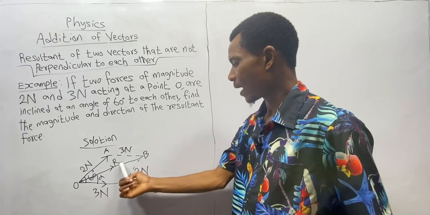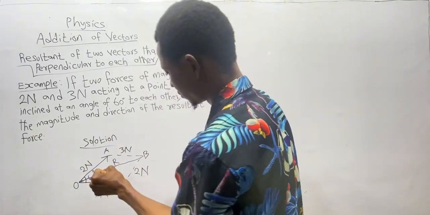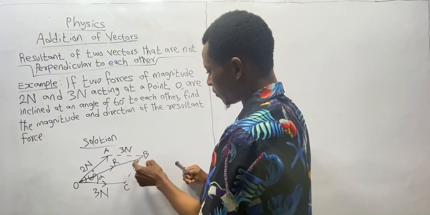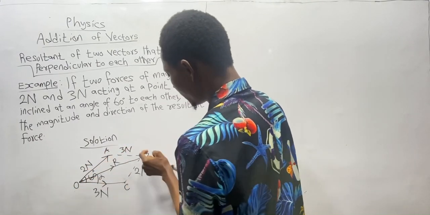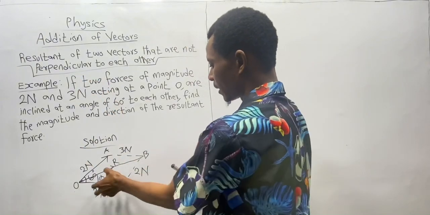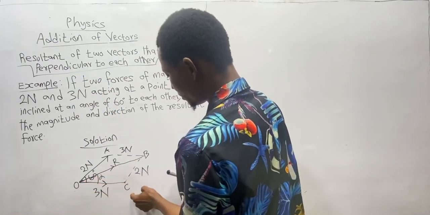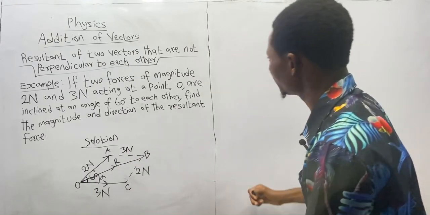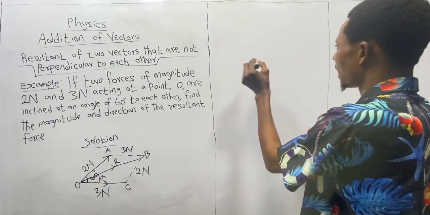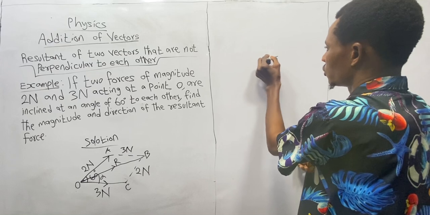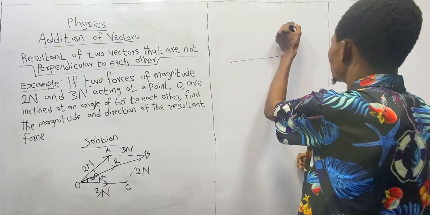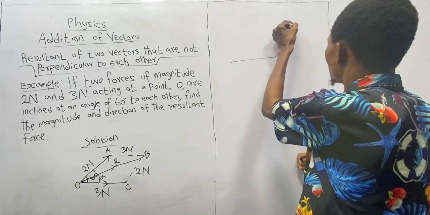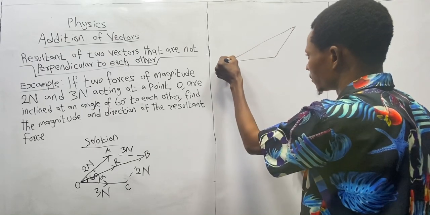Now, for us to find this arrow, you have to detach this triangle OCB from this parallelogram OABC. So let's bring out this triangle OCB. In bringing out the triangle, we have something like this: the horizontal line, the slant line, and the diagonal.